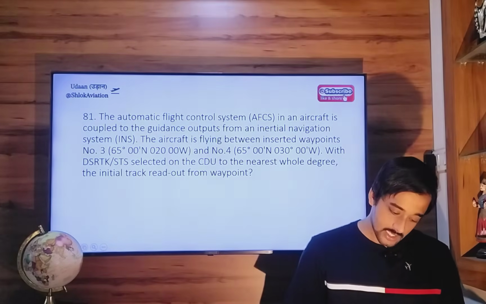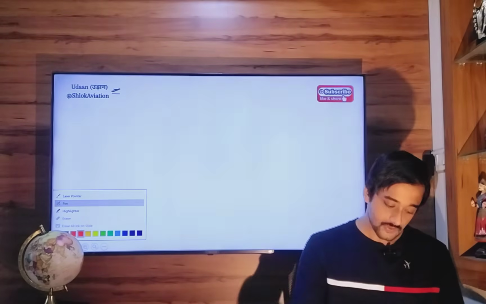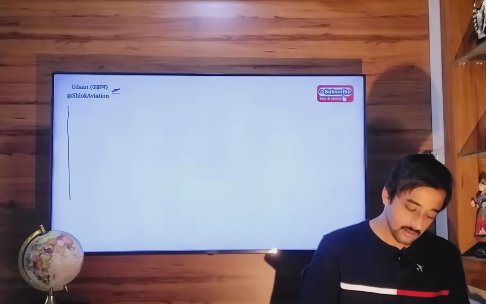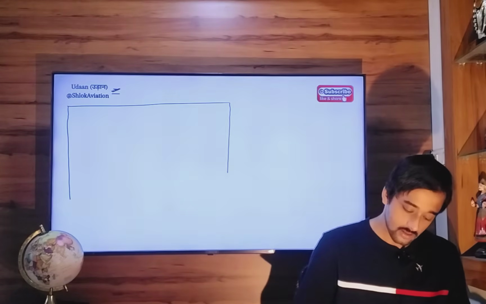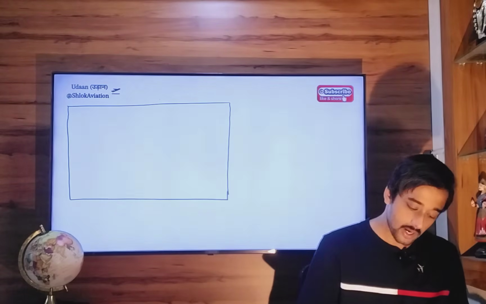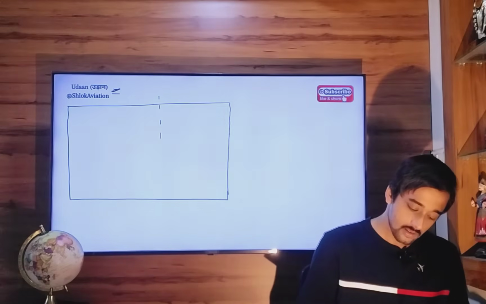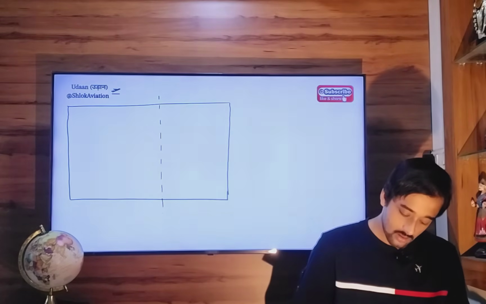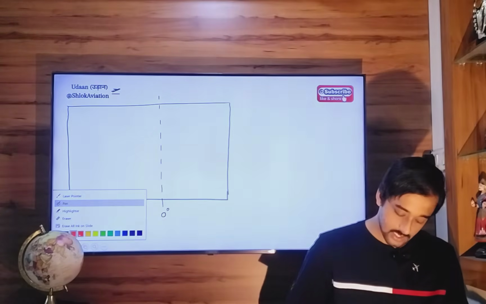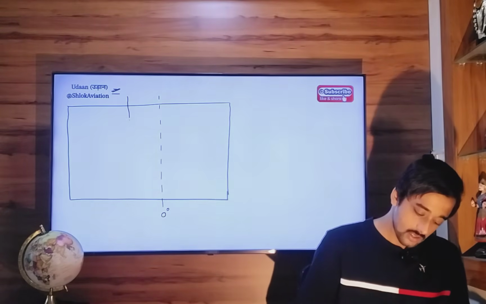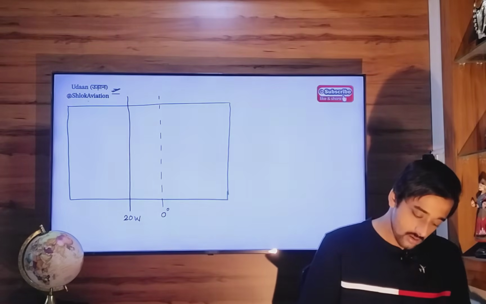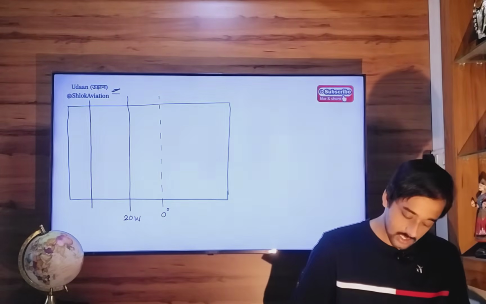So let's plot this 65 north. Let's say this is your Earth representation. This is your prime meridian, 0°. Okay, 20 west and 30 west. This is 20 west. This is 30 west.